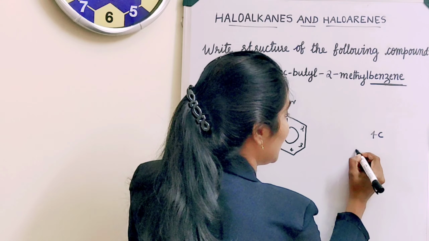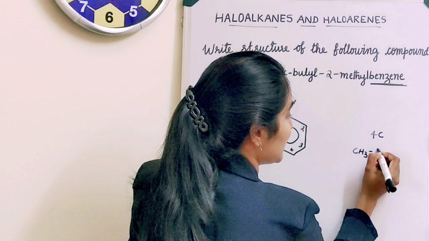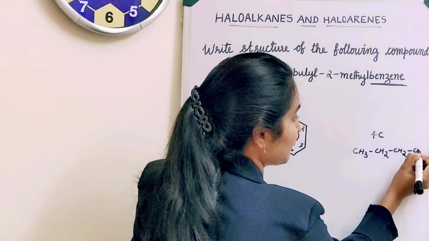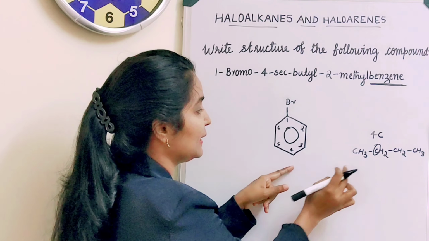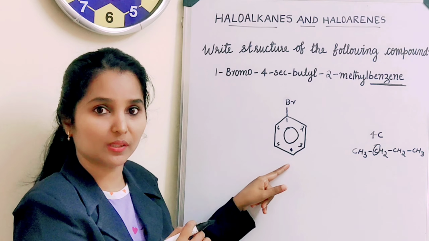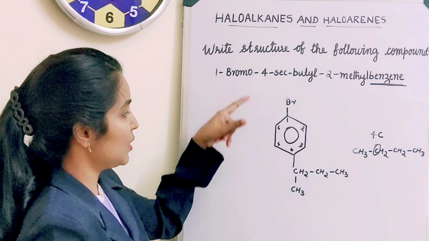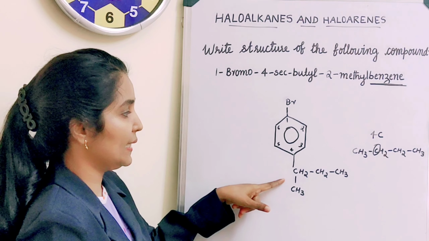Okay, we'll write a butyl, CH3, CH2, CH2, CH3, and the second carbon is connected to the ring. Let me write it. So here CH2, CH2, CH3 and CH3. So this is 4-sec-butyl.